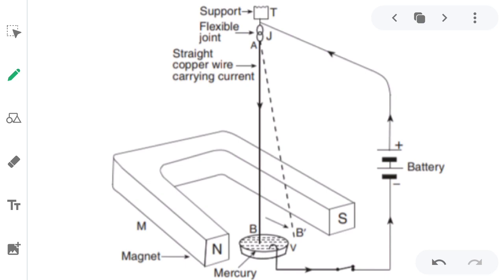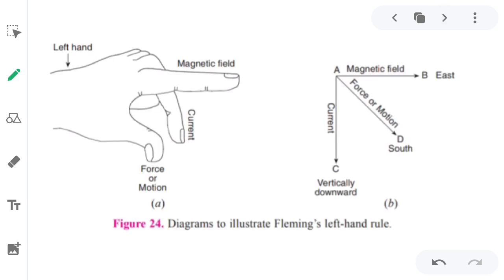To know in which direction the force is acting, we have Fleming's left hand rule. So what does it say? Fleming's left hand rule says to hold the forefinger, the center finger and the thumb of your left hand at right angles as shown in the figure.